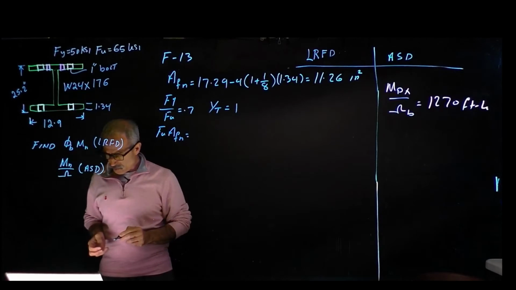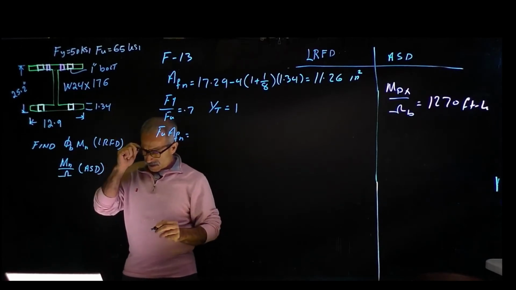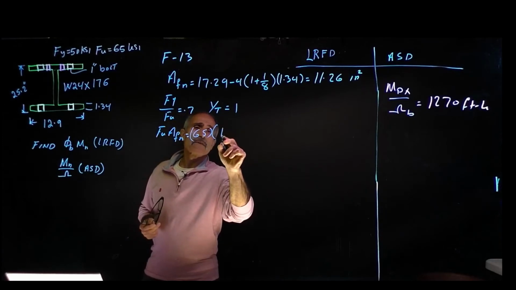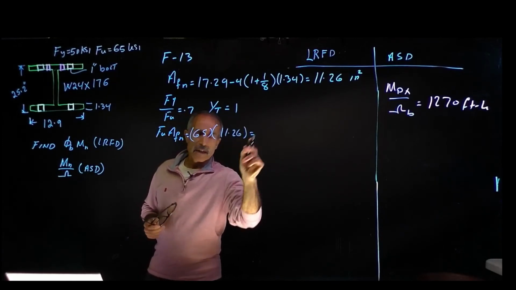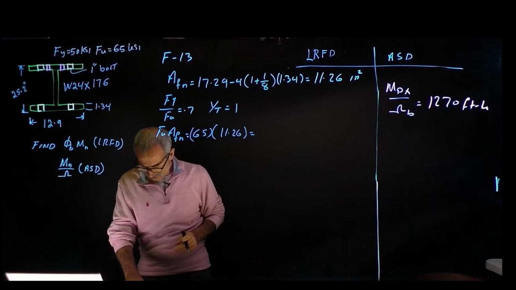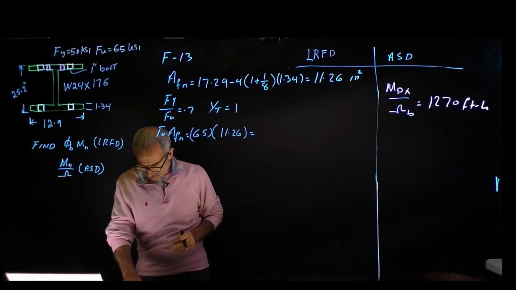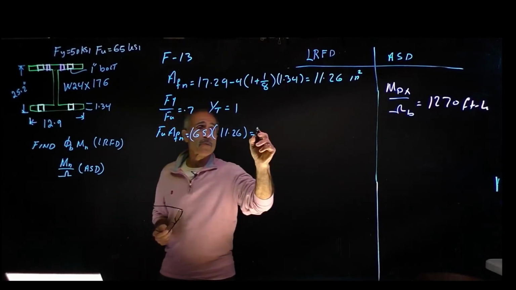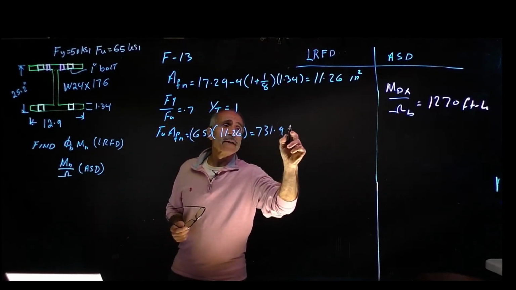and that comes out to 65 times 11.26, and that gave us 731.9 kip.